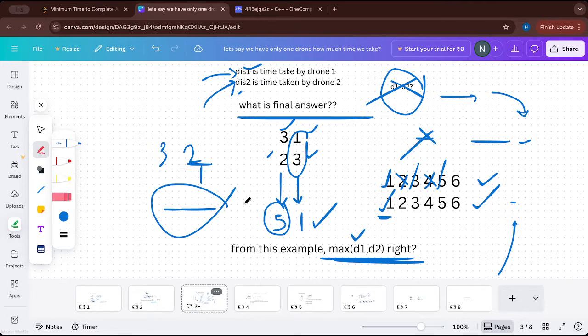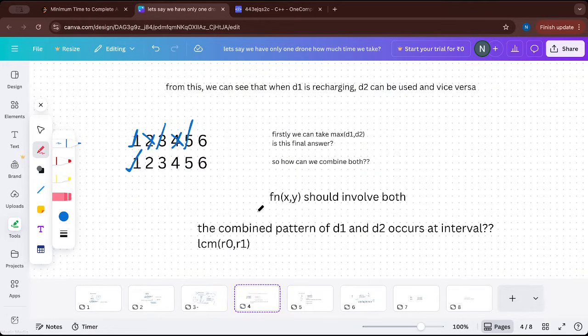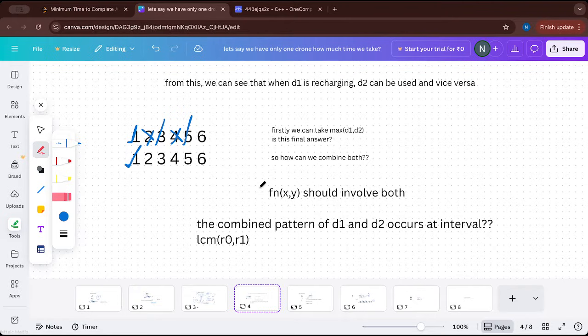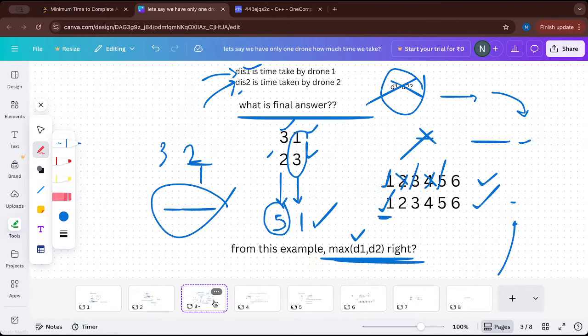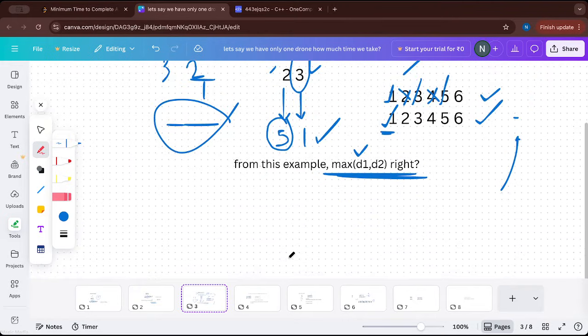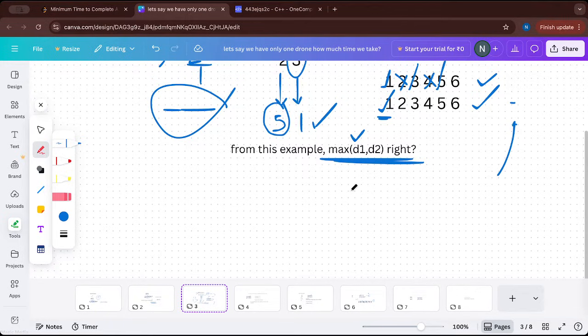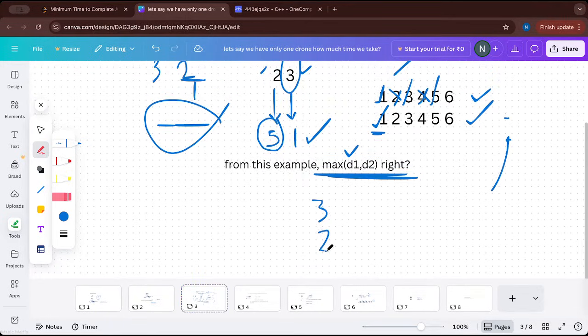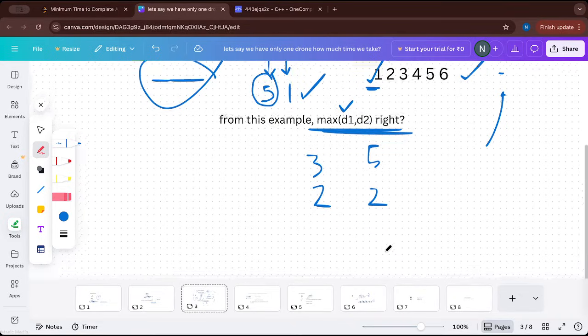But is that right always? No, because what if the recharge points of both are the same? For example, 3 2 and 5 2. So if these are D0, R0 and D1, R1, how can we find the answer?